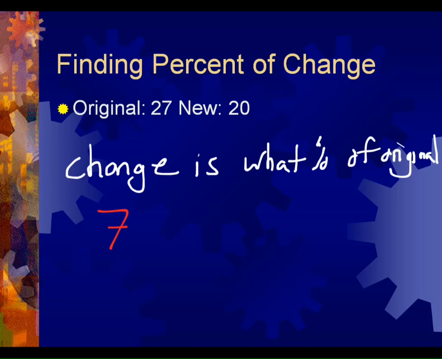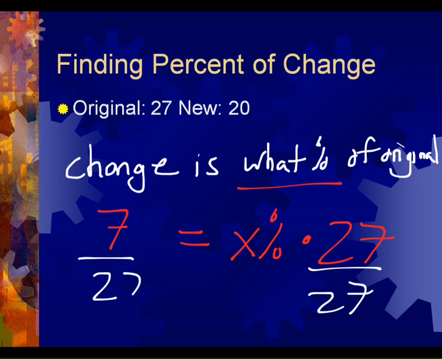The word "is" means equals, what percent is the variable, as a percent, "of" means multiplication, the original is 27. To solve for this, I would then divide both sides by 27, which is what you did in the first place. You took 7 divided by 27, and you got 25.9%. So if you ever forget that, just write the verbal equation. I know the change is what percent of the original, and then solve this equation. But if you just remember to take the change divided by the original, that helps you find that percent.